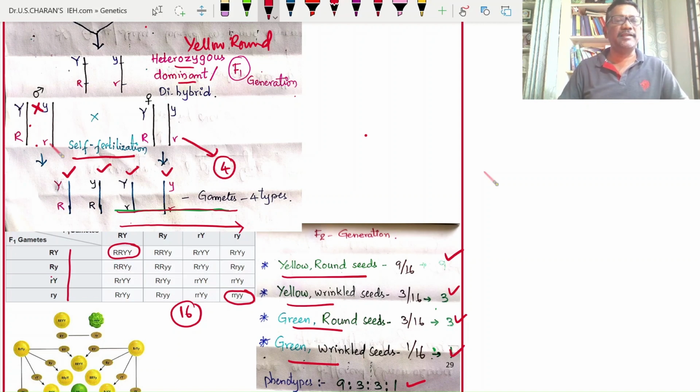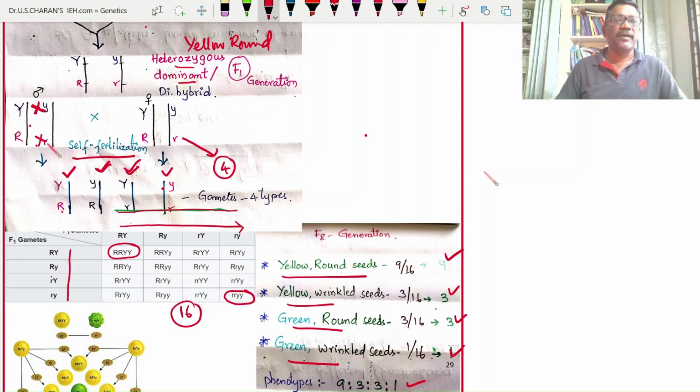From this parent, how many types of gametes are formed? This is the gamete formed from this, and this is the same gamete formed from this, which contains the recessive alleles only. But if crossing over takes place here or here, they can form these 2 gametes also, genetically recombined gametes.